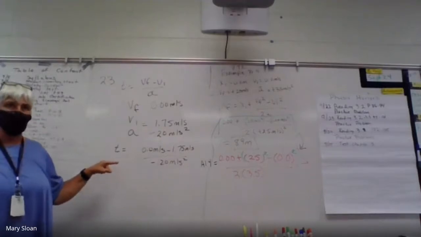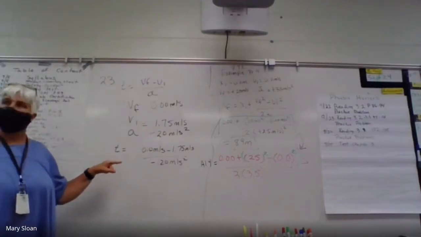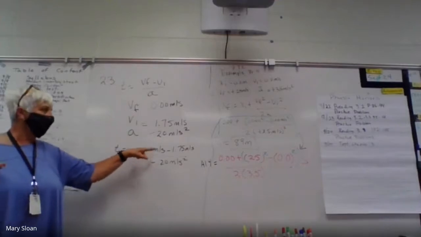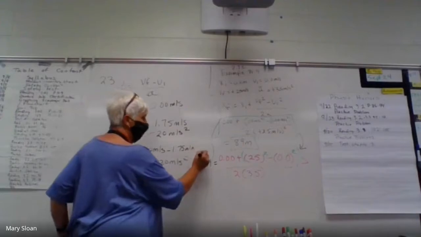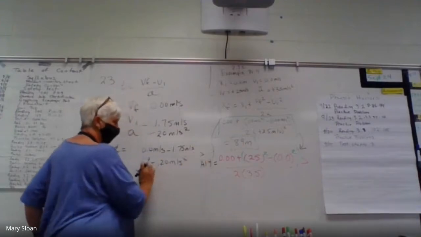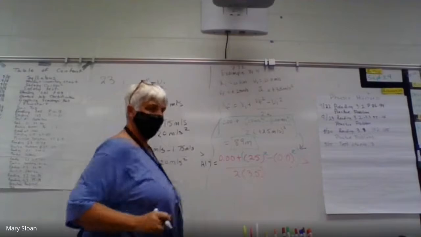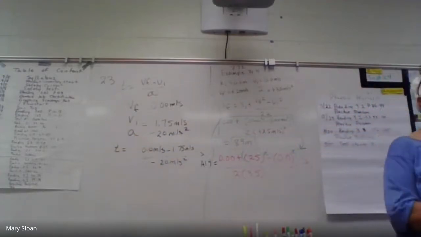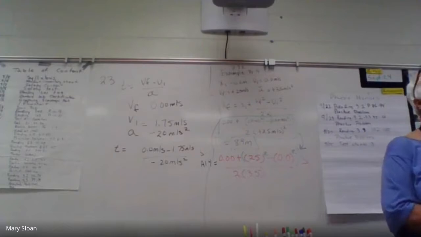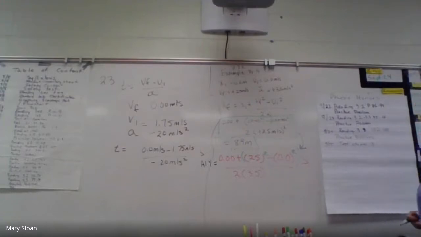Keep going, Jeffrey. And you're going to put 0.0 minus 1.75. Remember, you're going to use that arrow to get down here. And you're going to put negative 0.20. And Jay is going to tell me the answer. Stop dozing off.